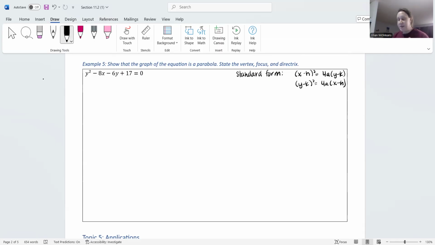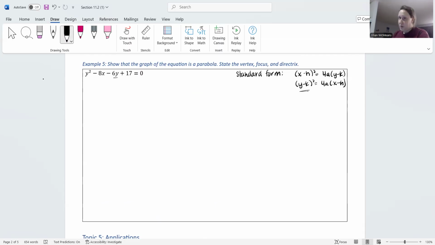Okay, so I definitely see that there's a y squared, and then I see this other y term, and then I see this random x term. So let's see if we can get all of the y's on one side of the equation, everything else on the other side, and then let's complete the square because our goal is to get it into this format of like a binomial type situation where that quantity is squared, okay?